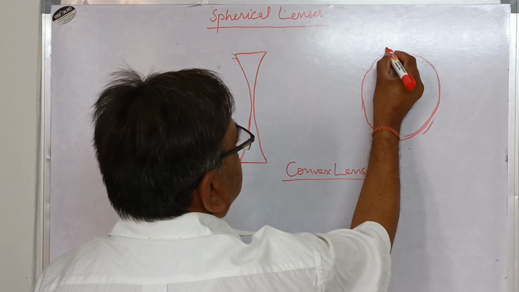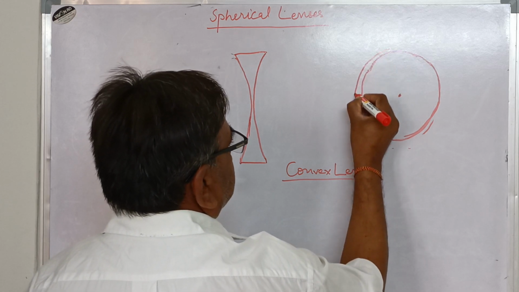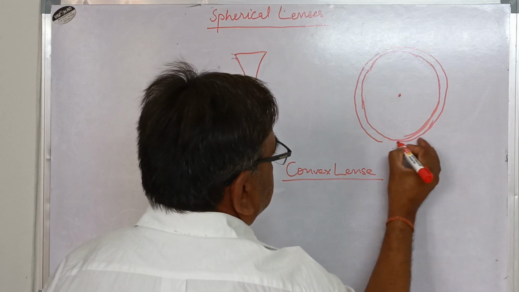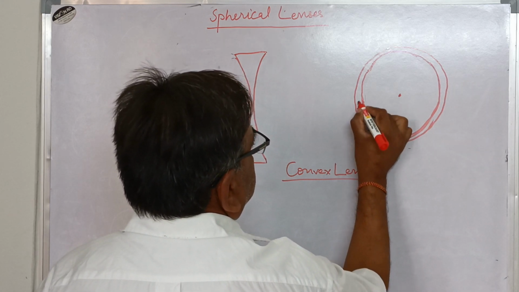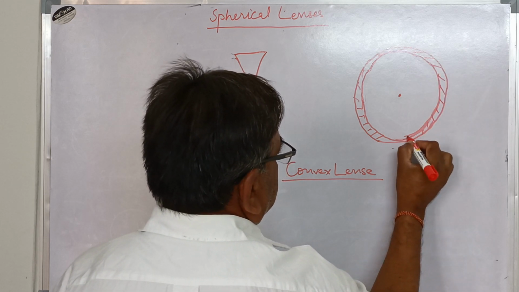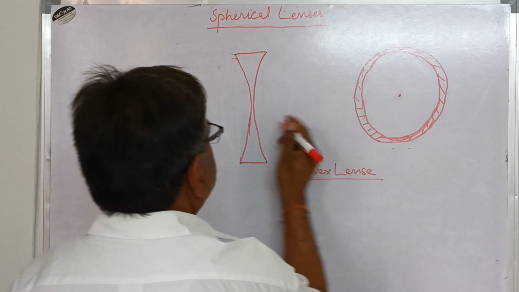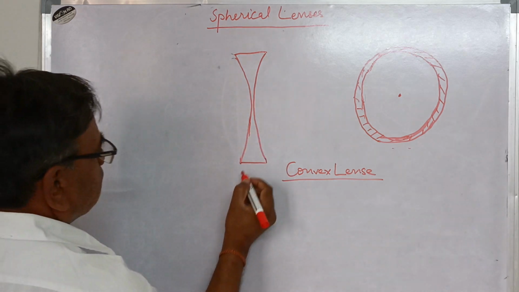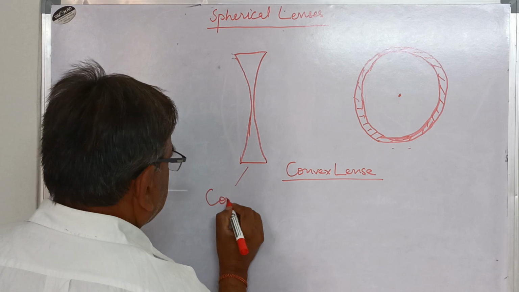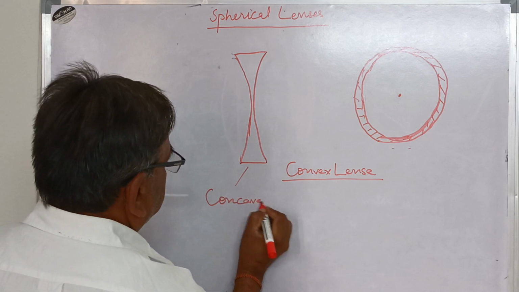The sides of the disc are thick and the middle point is thin in this way. So this one is called a concave lens.